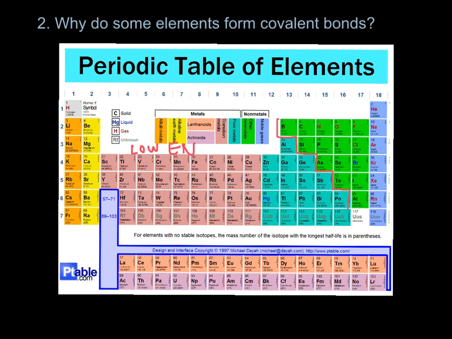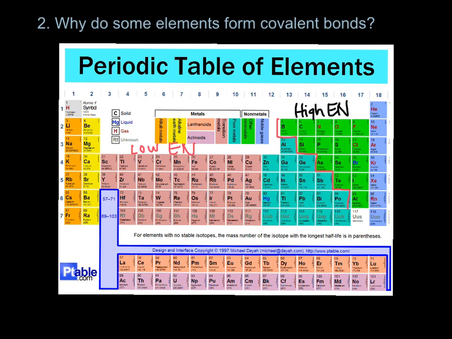And then you might remember that we talked about how your anions generally form from your nonmetals. So your nonmetals have a high electronegativity, which means that they have a tendency to hold on to their electrons and be very attractive to electrons.